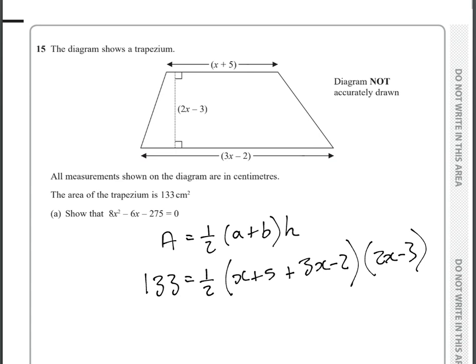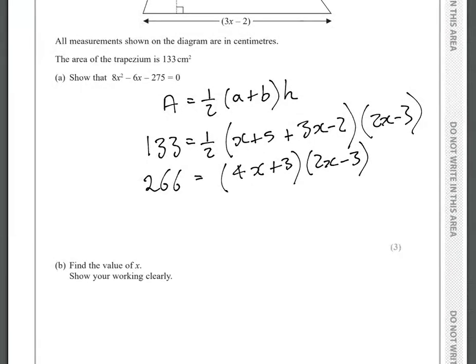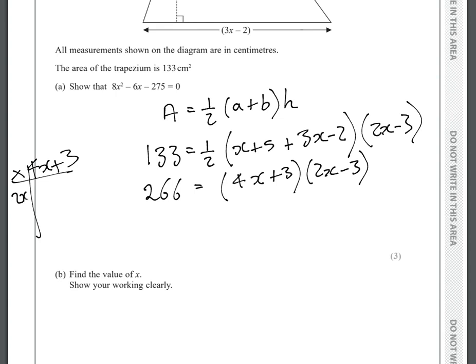So I'm going to multiply both sides up by 2 to get rid of that fraction. 266 equals x plus 5 plus 3x minus 2, that's 4x plus 3, times 2x minus 3. So I'm going to multiply out these brackets. 4x plus 3 times 2x minus 3, so it's 8x squared plus 6x minus 12x minus 9.